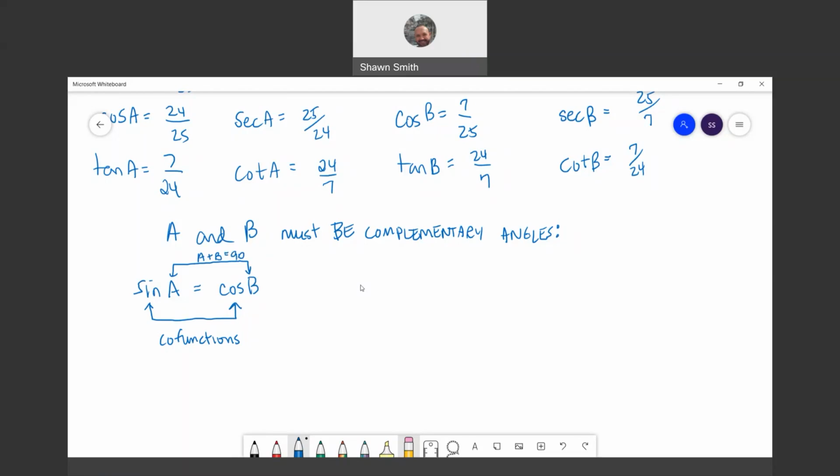I can say that cosecant of A has to be equal to the secant of B, right? Same thing, these are cofunctions.